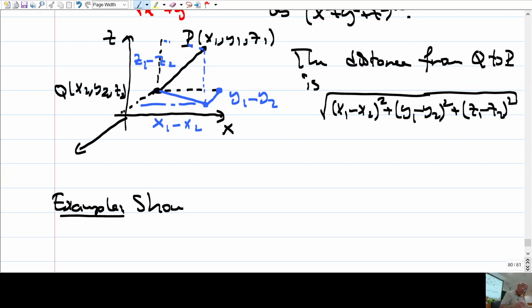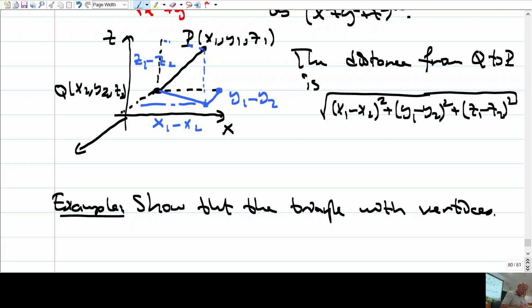Show that the triangle with vertices A, 1, minus 1, 2. Sometimes we write points like this.